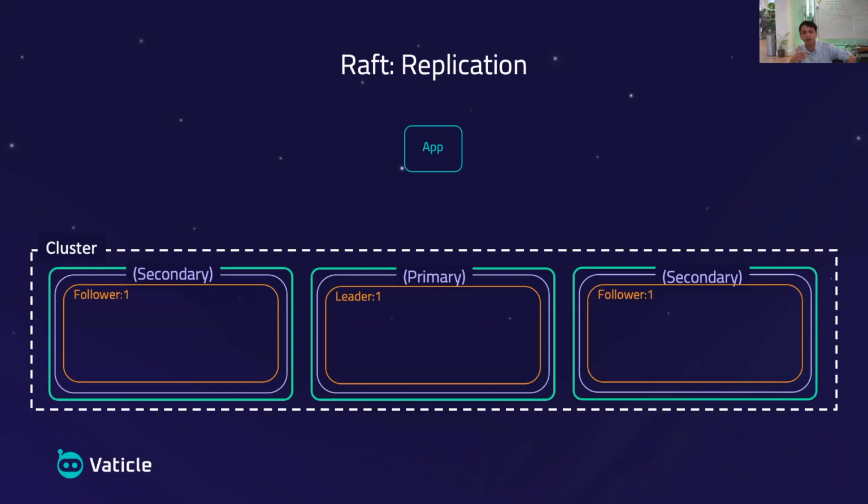So let's bring up our application back in order to understand how the replication process happens when an application starts to perform requests to the cluster, right? So here we have the application and we have the second server hosting the primary replica for the database.